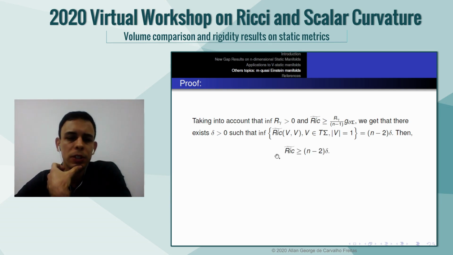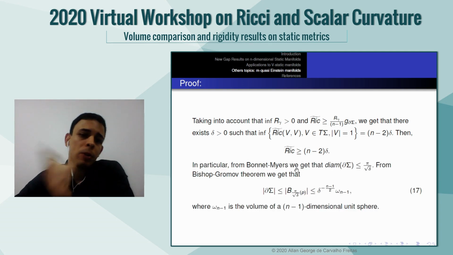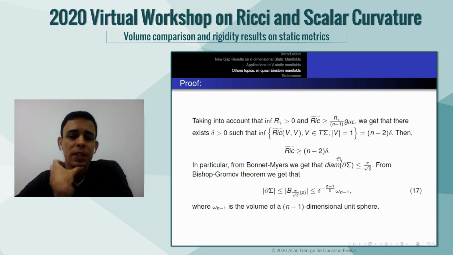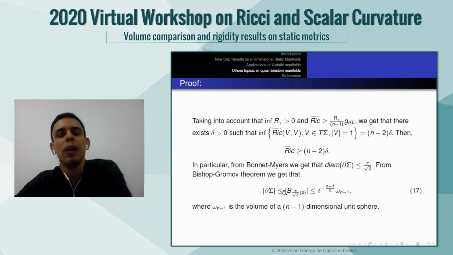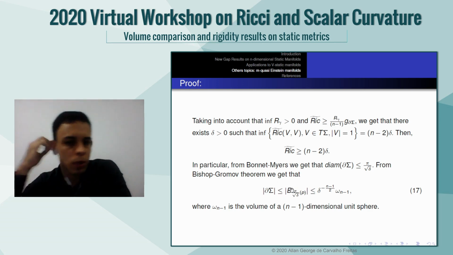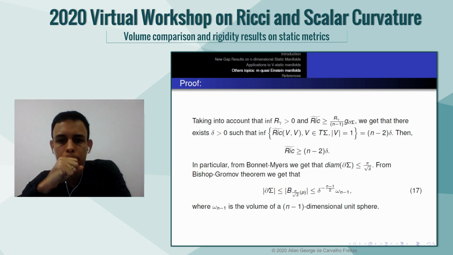Then we have this condition here. In particular, from the Bonnet-Myers theorem, we have that the diameter of the boundary is less than or equal to this quantity. And for this bound, we can use, again, the Bishop-Gromov theorem to prove this inequality, this volume comparison between the area of the boundary and the volume of the n minus 1 dimensional sphere.